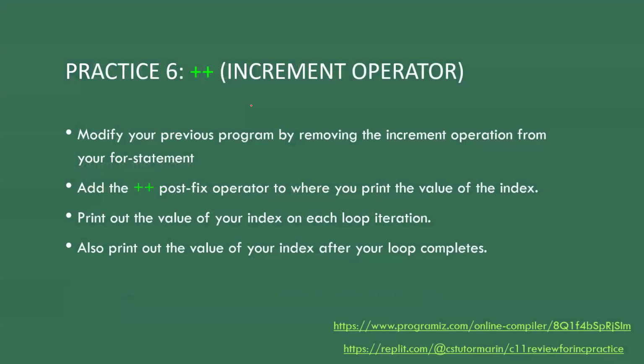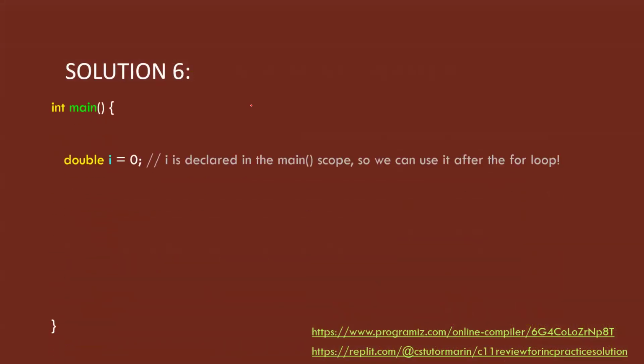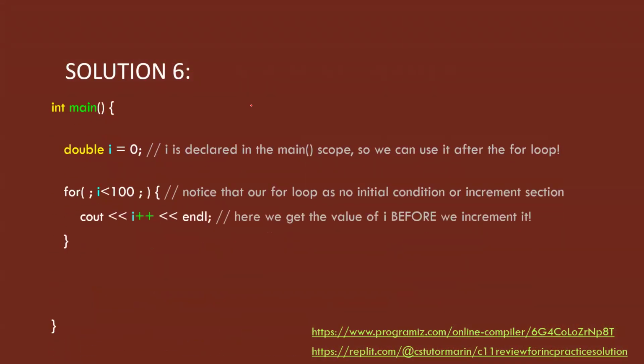So, okay. So we won't go through this one, but this is essentially just testing your understanding of that, right? Seeing if you can predict or change the value or the order so that you get a particular value out of there, okay? So we've declared the I outside of the for loop. We're only doing the increment at the bottom, and you could do it pre or post. Notice that doing it post gives me normal behavior of a for loop.